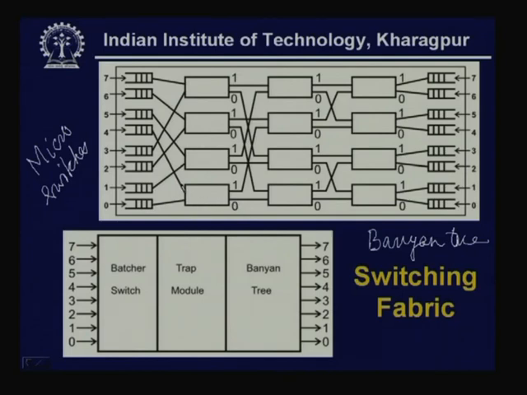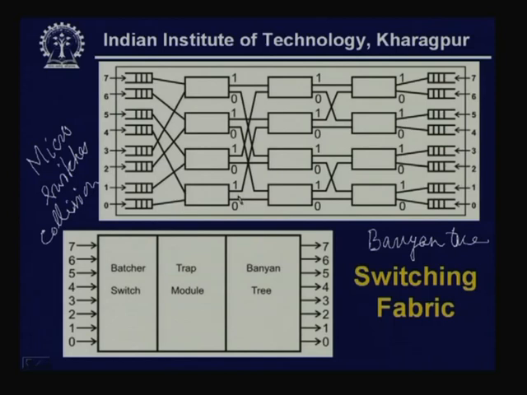Obviously, at a time it can switch only one of the two inputs to either output. If they want to go to the same output, what happens is known as collision. Even when the destinations are different, this collision can occur. However, the switching can be done in this way with the help of different bits.